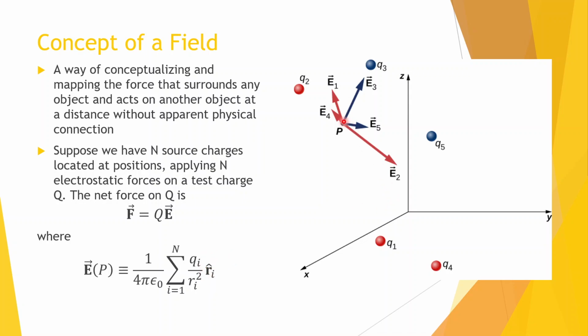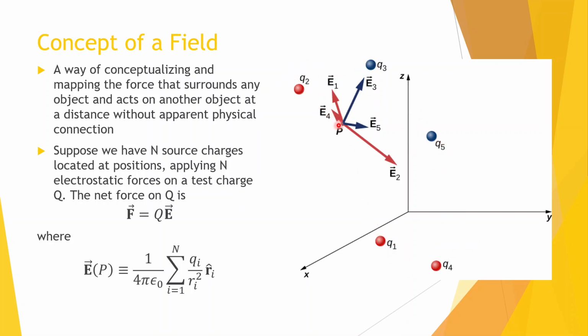Okay, so we have not just one electric field at this point, we have a summation of fields that are acting at this point on this test charge, Q. Okay, so we have Q1, 2, 3, 4, 5.